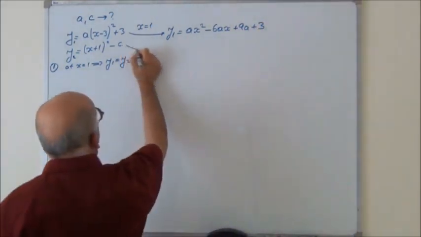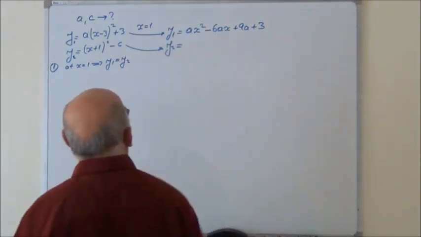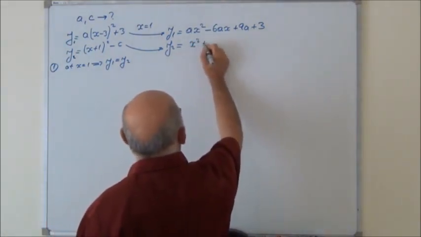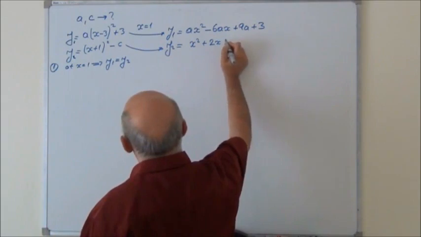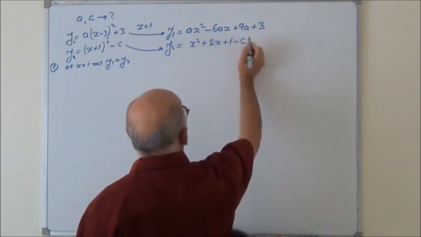The other one will be x power 2 plus 2x plus 1 minus c.